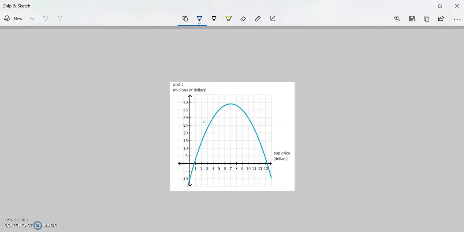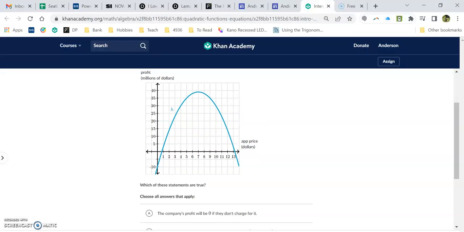App price is the x-axis, so $0 is right here. I guess they don't make a profit. I was going to say that it's wrong because they're actually losing money, but I guess that's also true now that I think about it. They're not making a profit, they're actually also losing money. It says it'll be 0 if they don't charge, so that's wrong. The profit will be less than 0, actually at -10.